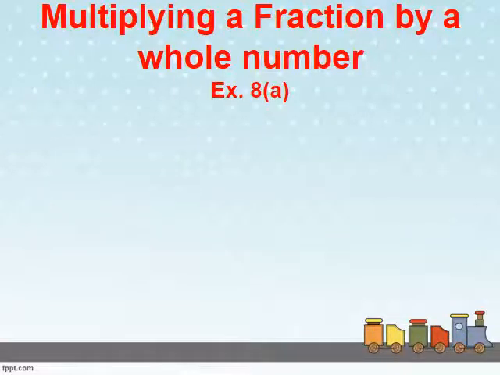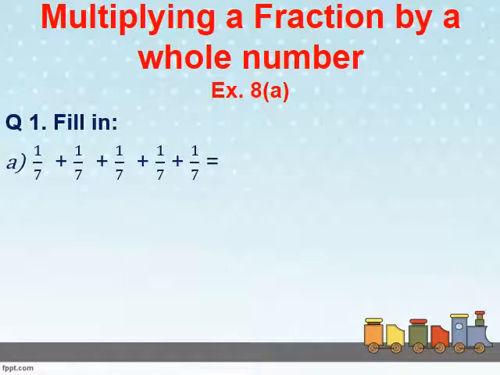Now children, let's come to exercise 8A and do the first question of this exercise. We will do question number 1, A part. In A part, we have to add this fraction: 1 by 7 plus 1 by 7 plus 1 by 7 plus 1 by 7 plus 1 by 7 is equal to how much?